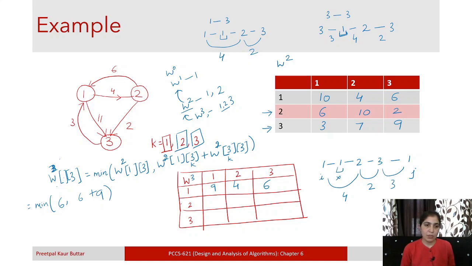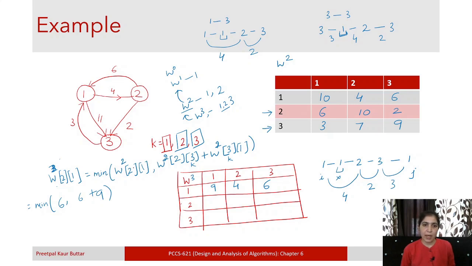Now let us move to the next row. The cell is 2, 1. W2, 1. So here 2 and here it is 1. 2, 1 is 6. Again is it?